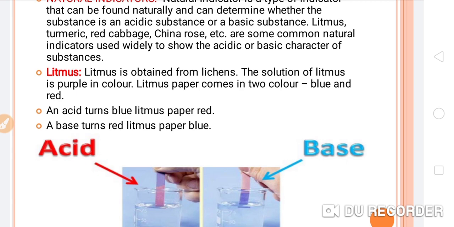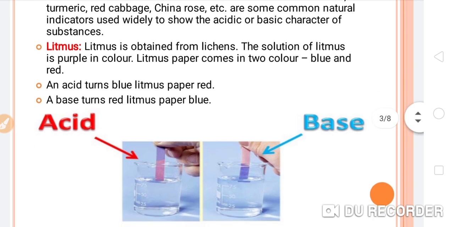Litmus is obtained from lichens. So this is the natural source from which we get litmus. The solution of litmus is purple in color. This is very important that you have to know.